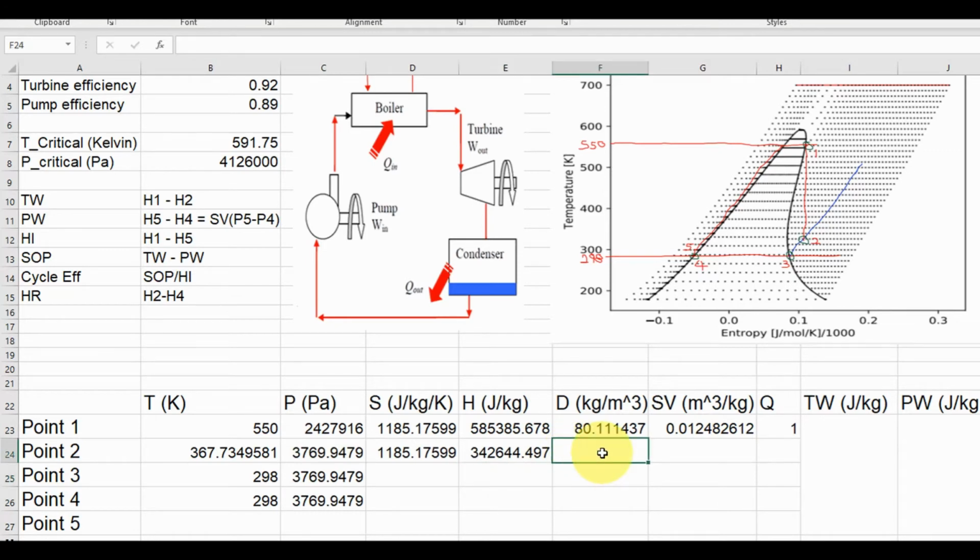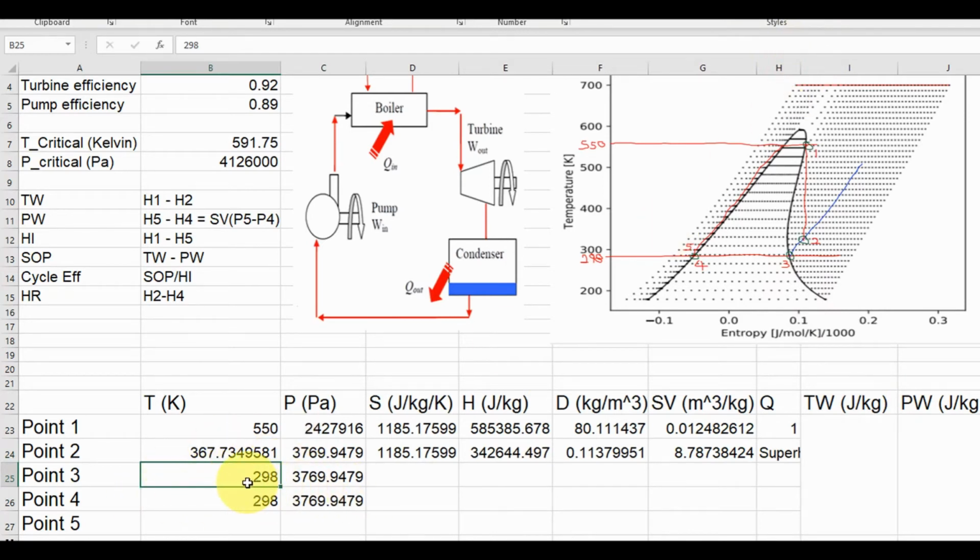I repeat the same for the density. And that's the density. I do the same for the specific volume. And here the quality of the fluid is superheated. So I could put superheated. And then next we go to point 3.